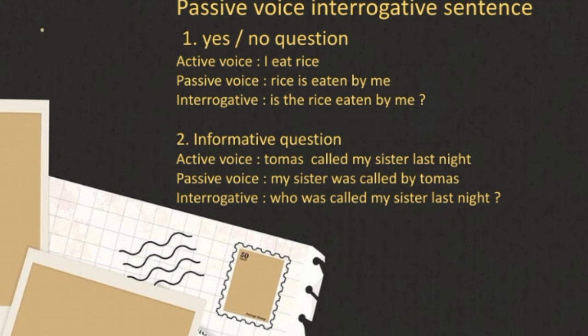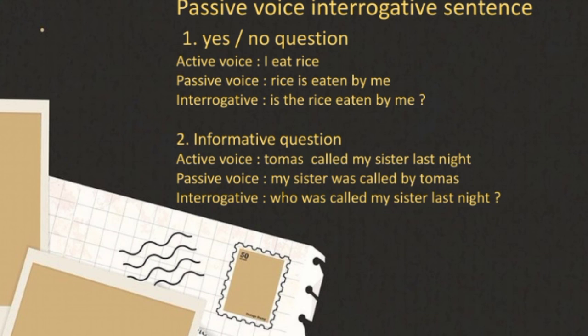For another example, maybe this will help you understand more. The active voice is "I read a novel", and if we change it to passive voice, it will be "The novel was read by me", and then we change it to a question sentence using an informative question. In the passive voice normal sentence, the subject is a novel. A novel is a thing.